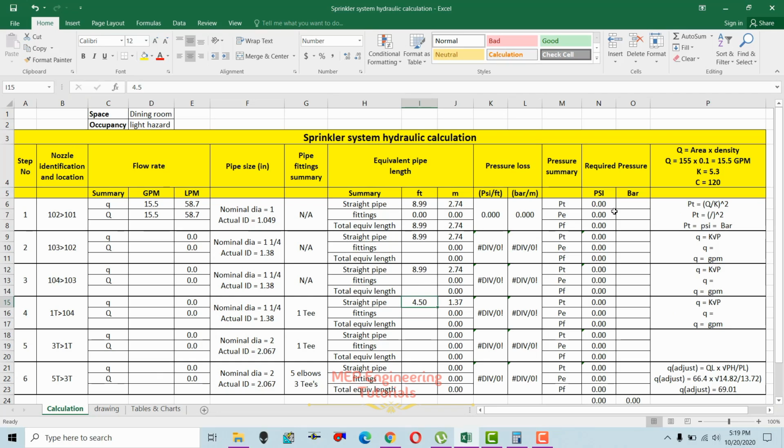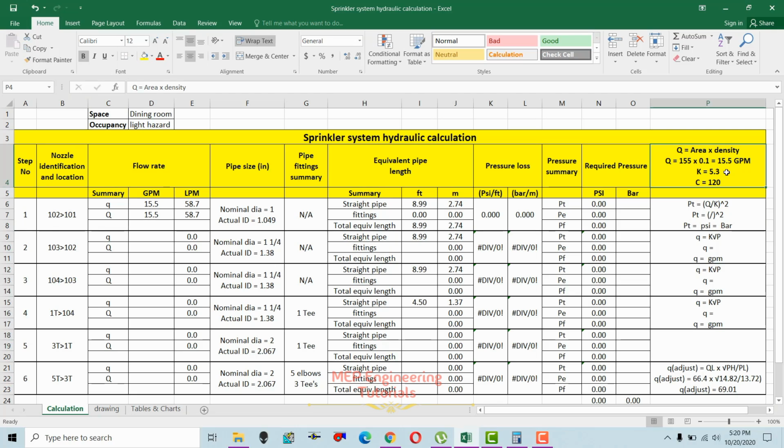Now we are going to calculate the required pressure across that sprinkler having 15.5 GPM. This is the formula which we are going to use. P is equal to Q divided by K, whole square. Here Q is 15.5 and K is basically our constant factor for the sprinkler. How are you going to get this value?